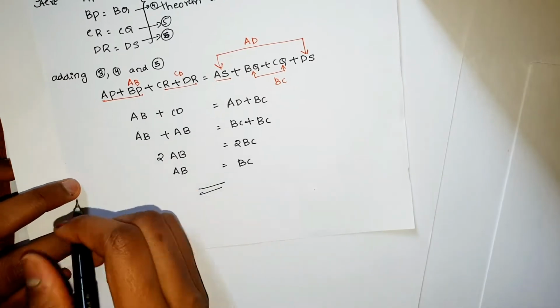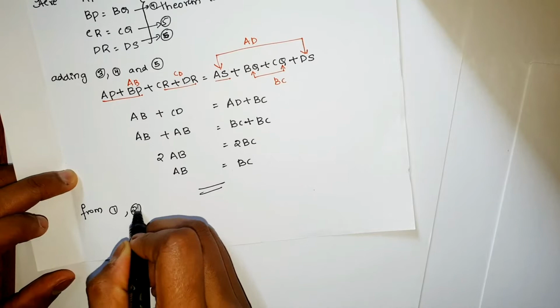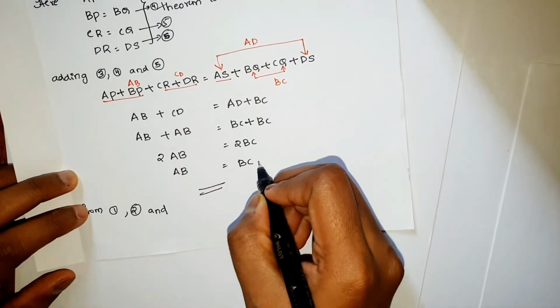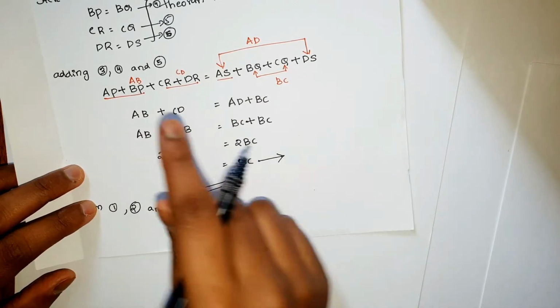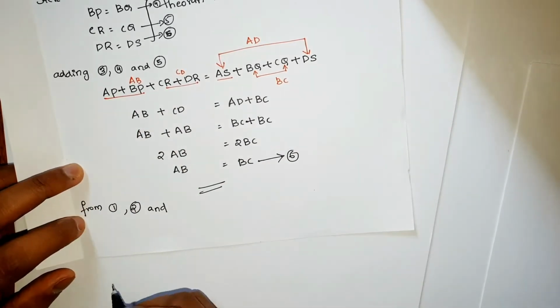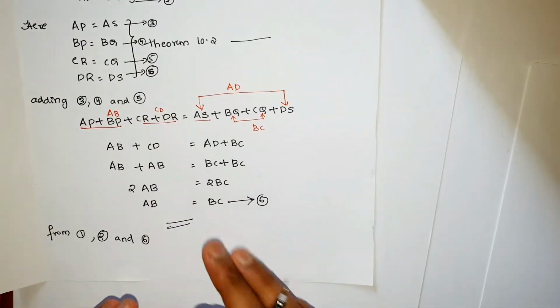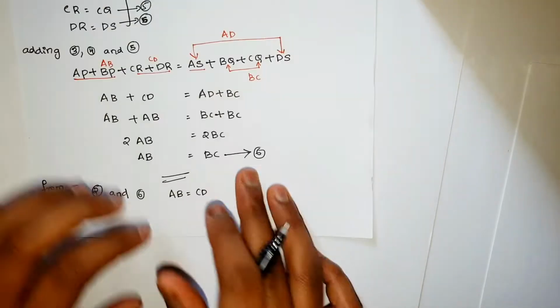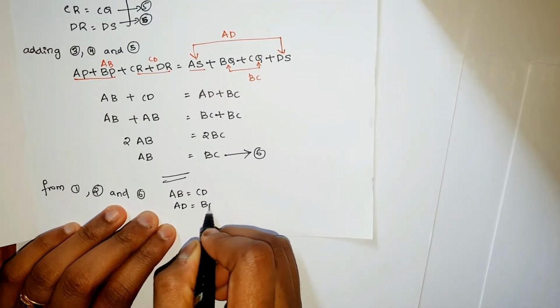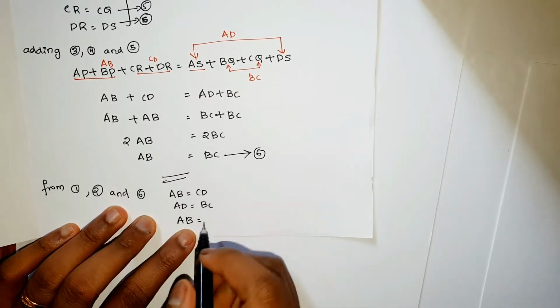Okay. So from 1, 2 and 6. What is equation 2? AB is equal to CD. This is AD is equal to BC. Now here AB is equal to BC.